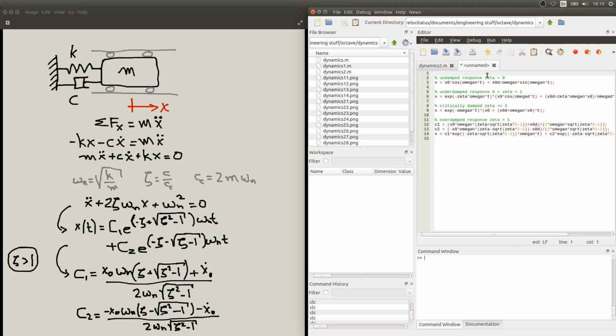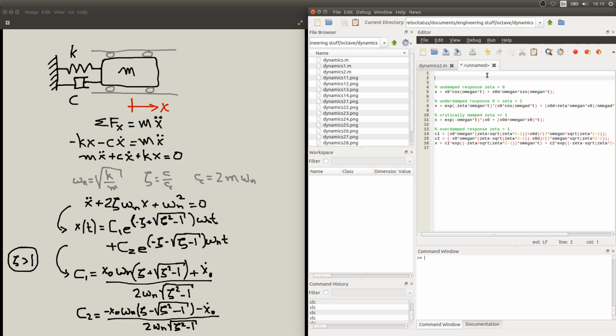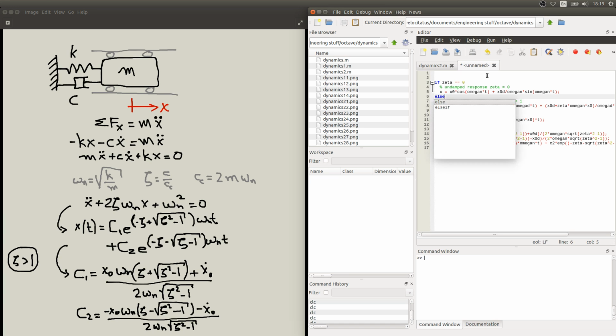We can use some if statements and else if statements for us to choose which case we're going to use. So for example, if we have set this value of zeta somewhere, we can compare if zeta equals 0, we're going to do this part here, and we can use an else if command to check if zeta is greater than 0 and zeta is less than 1, for which we're going to use this expression here.